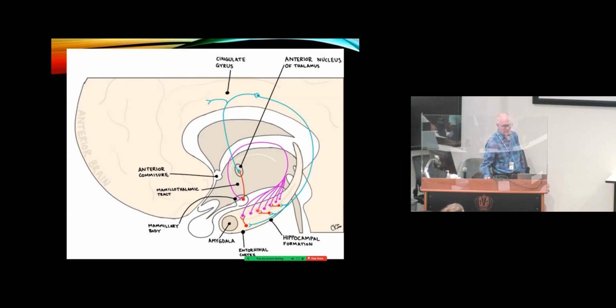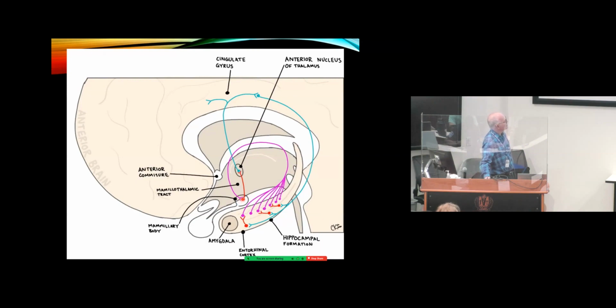A pathway for laying down new memories goes from the hippocampus, and it travels all the way around here. This pink pathway is called the fornix, and it travels all the way down to the mammillary bodies. The mammillary body is part of the hypothalamus. So this is the first step, from the hippocampus to the mammillary bodies.